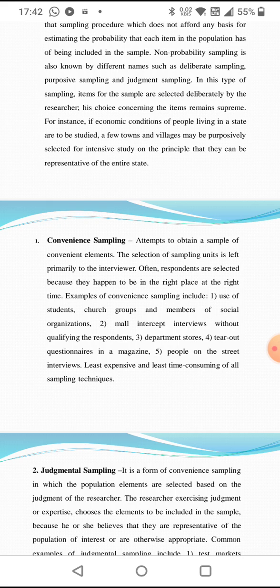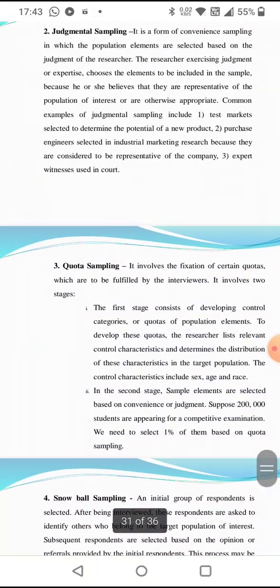Common examples of judgmental sampling include test markets selected to determine the potential of a new product, purchase engineers selected in industrial marketing research because they are considered to be representatives of the company, and expert witnesses used in the court. So all these can be used as judgmental sampling.